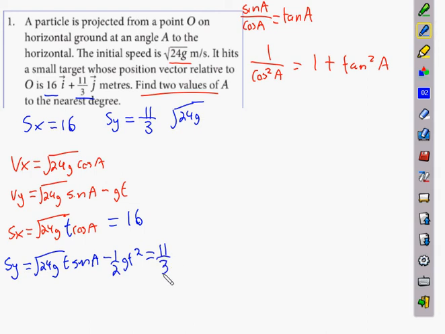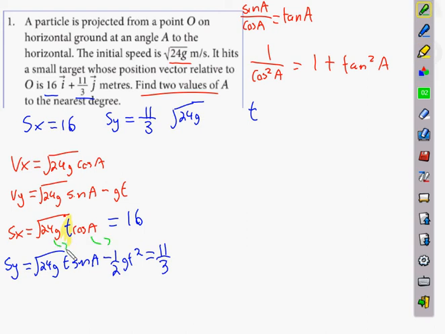What I recommend we do is we find the value of time in the Sx formula and input that into the Sy formula. So, time therefore, T, so we're looking to get the T on its own, which means that the root 24g and the cos A go underneath.